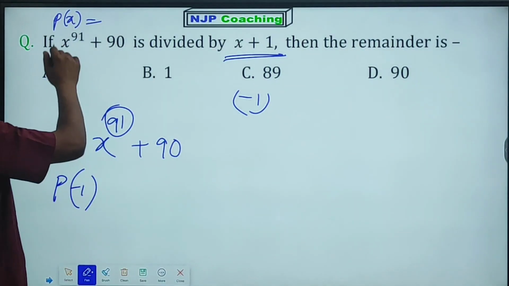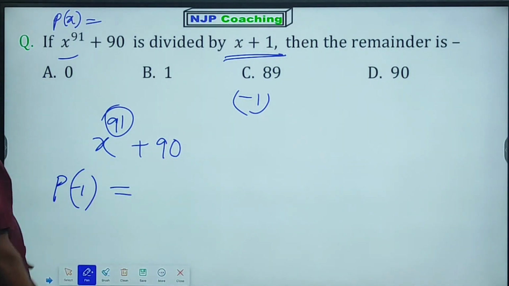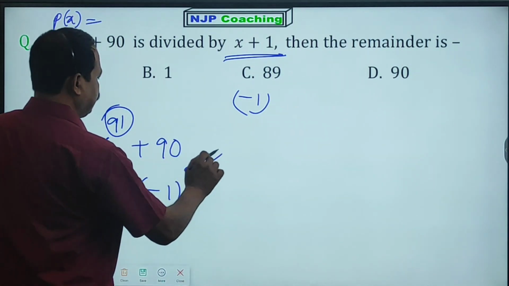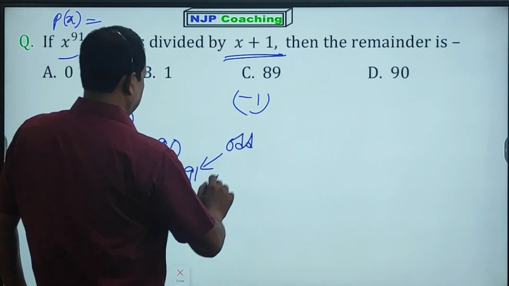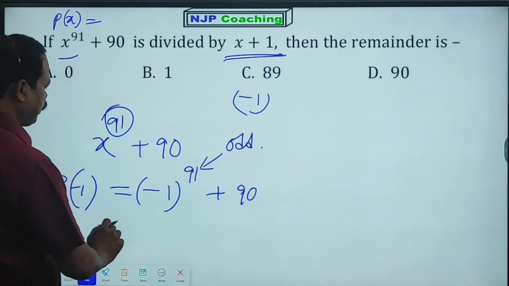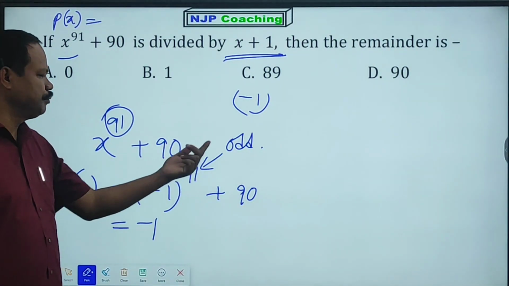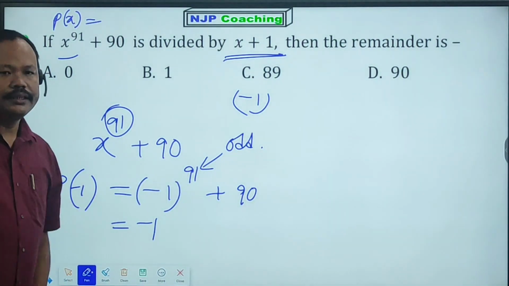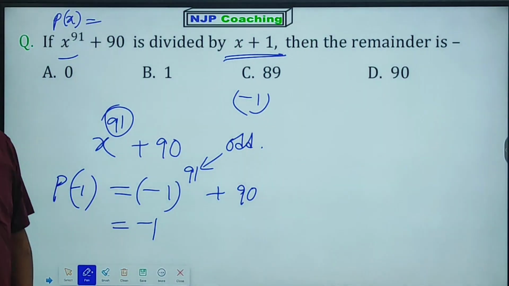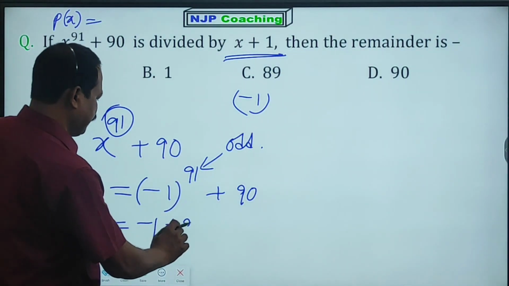And again, whatever the power, 91 or higher, we have to see that (-1) to the power 91 is odd, and plus 90. If the power is odd, then (-1) to the power 91 is always minus 1. And if the power is even, suppose 150, then (-1) to the power 150 is always plus 1. So (-1) to the power 91 is minus 1, plus 90.